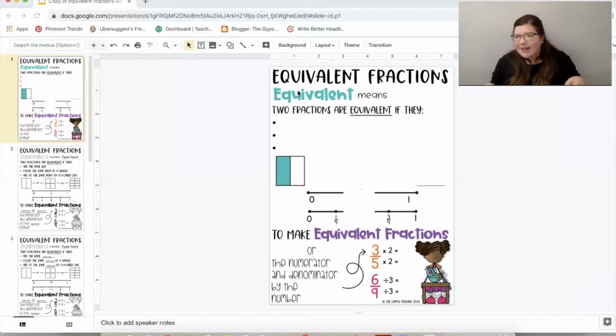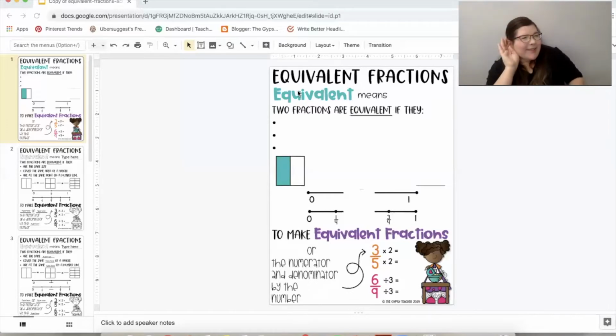Equal. So if you said equal, give yourself a pat on the back. So we have equivalent. Everyone hold up 2 hands and say equivalent. Say it again. Equivalent. Everyone repeat after me. Equivalent means equal.